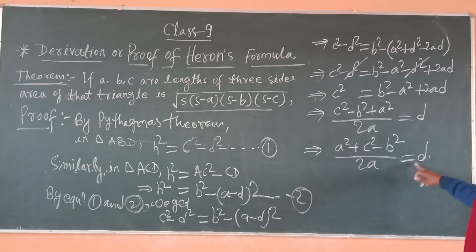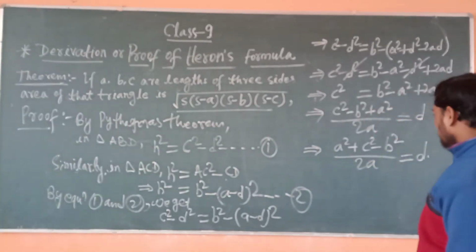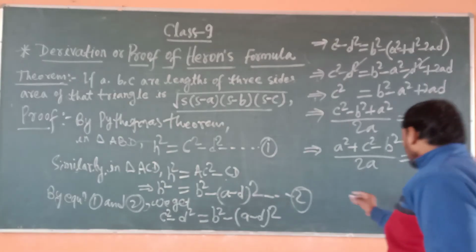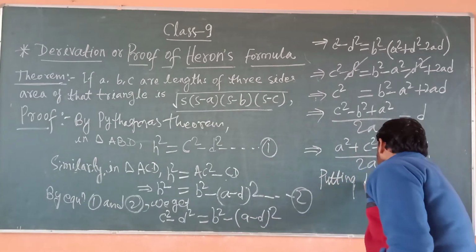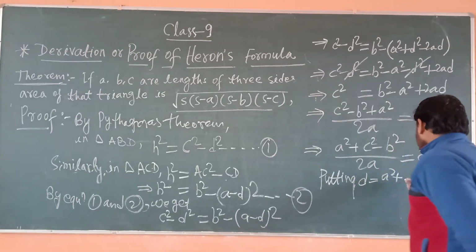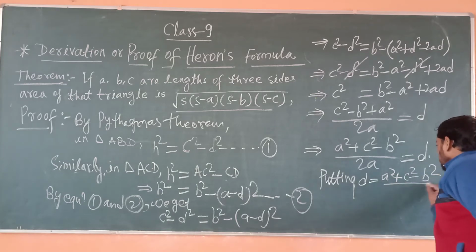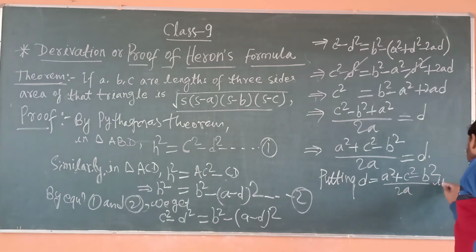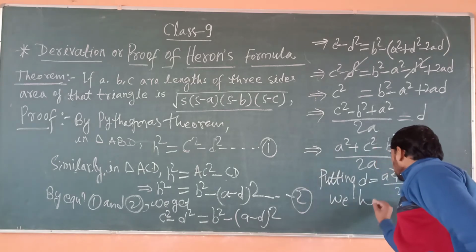Now we can put the value of d in the first equation, putting d is equal to (a square plus c square minus b square) upon 2a.